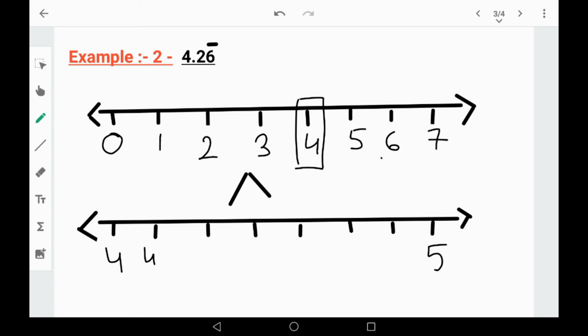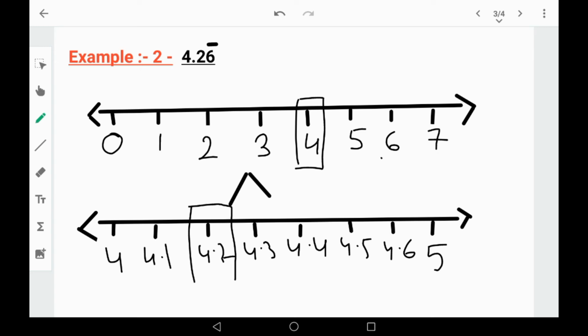Those are 4.1, 4.2, 4.3, 4.4, 4.5, 4.6 until 4.9. So these are the numbers between 4 and 5. As they said 4.2, I got 4.2 here. So I will mark it here.